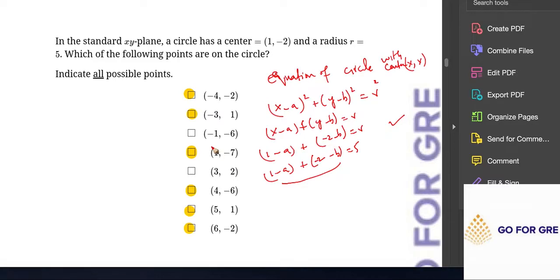Now let's check the points. Point 4, minus 2. So minus 1 plus 5, so 4, plus minus 2 plus 2.